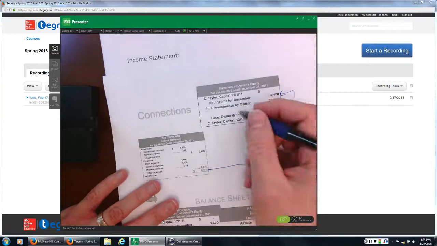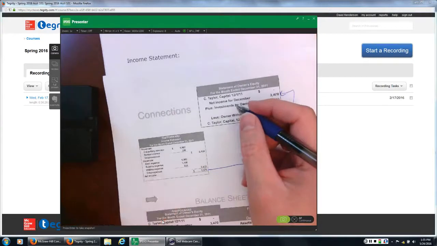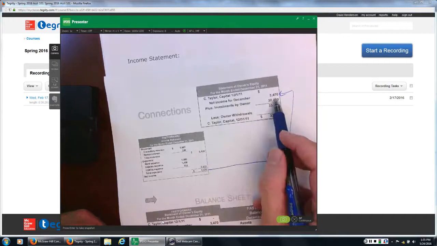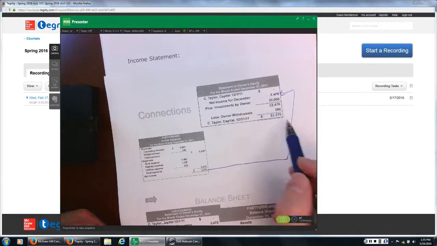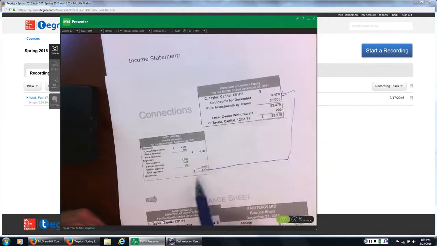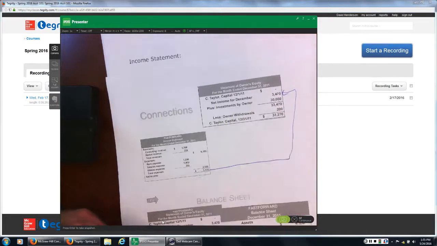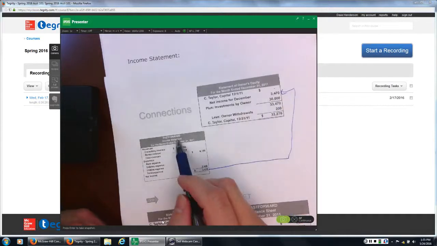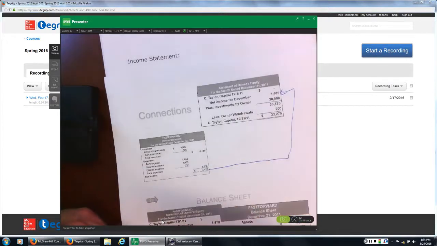Well, remember the things that affect equity. Owner's capital, right here, is an investment. Owner withdrawals, right here. Revenues and expenses. Those are the other two things that affect equity. Revenues and expenses, that number is wrapped up right here, because this is revenues minus expenses. And so I just take net income and put it here. That's why I need to do my income statement before I do my statement of owner's equity.